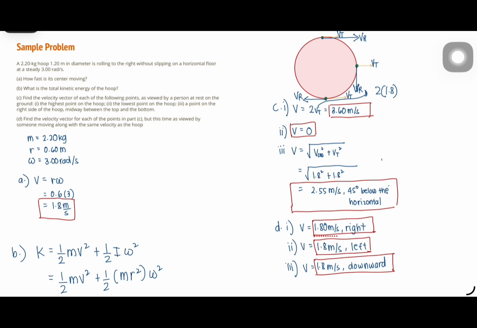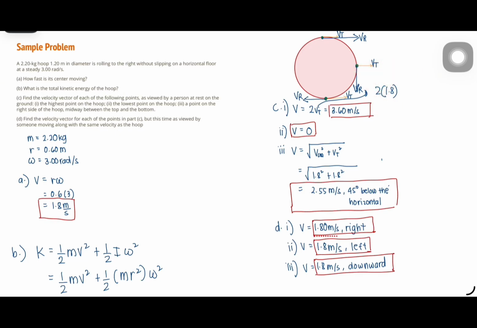Yung nakuha natin is 2.55 meter per second. Take note, it is a velocity, pag vector and it is a vector quantity. Therefore, dapat may direction. So, yung direction natin is 45 degree below the horizontal. Ito yung velocity.